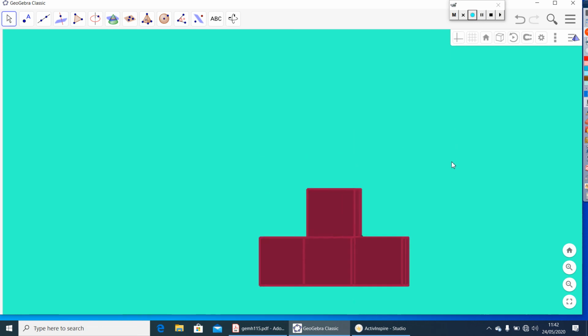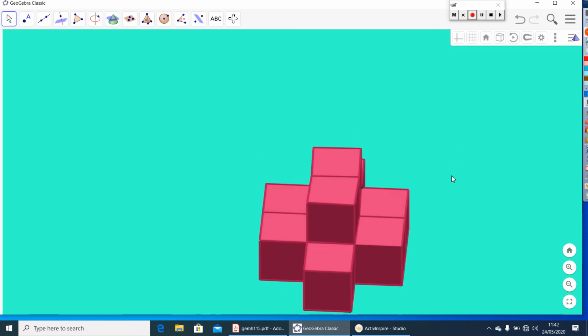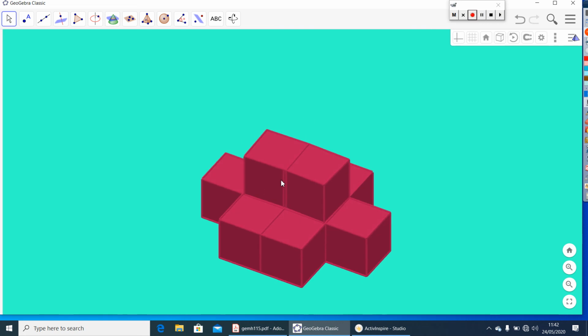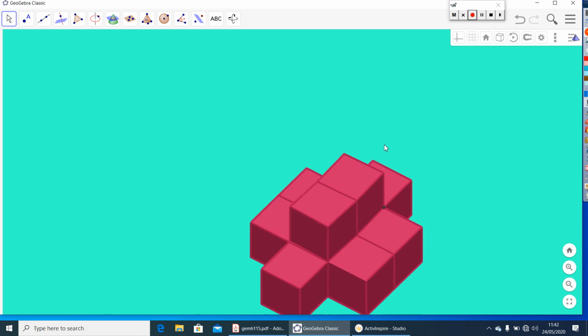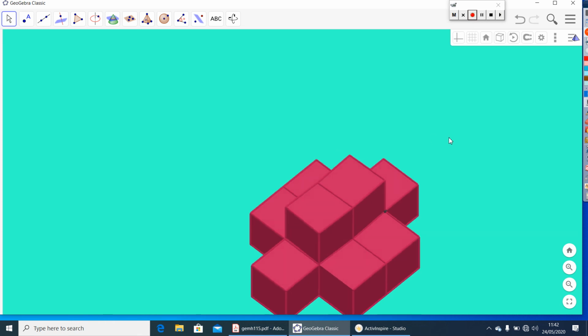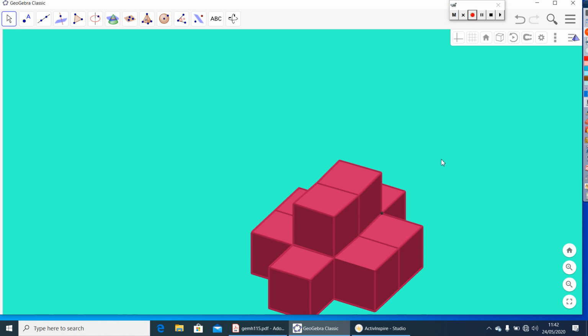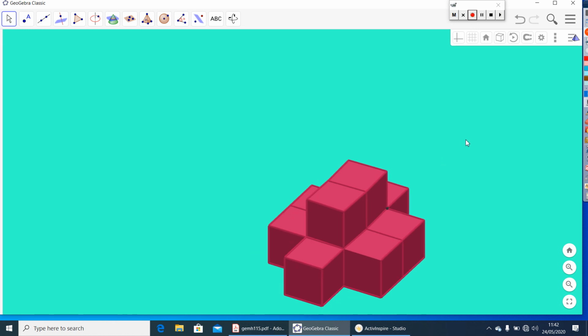And here on the top, 2. 8 plus 2, 10 is the answer. So if you arrange them in a different way, then you can find out the total number of cubes.